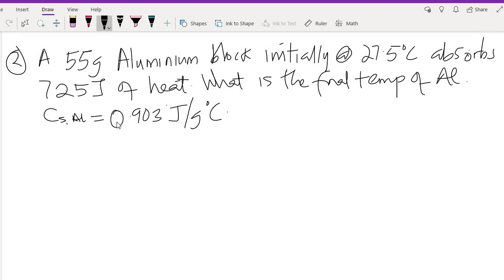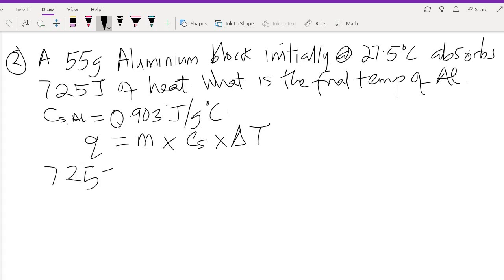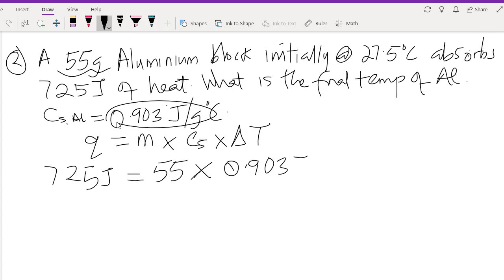So, as usual, I want us to write our relationship, which is given as Q equals M times Cs aluminum times delta T. Our Q is given to be 725 joules, equals our M, which is given here as 55, and we have our Cs given as 0.903 joules.